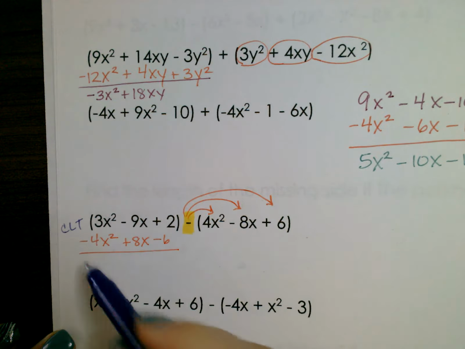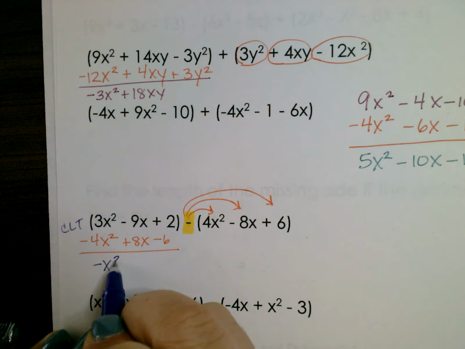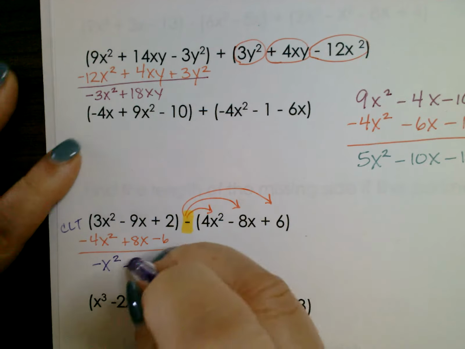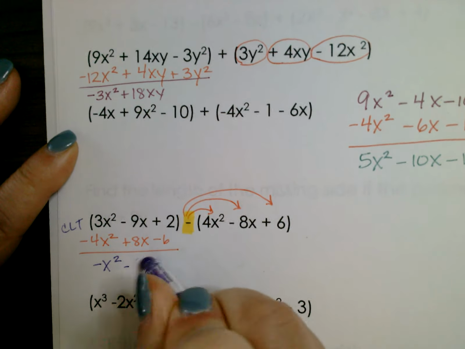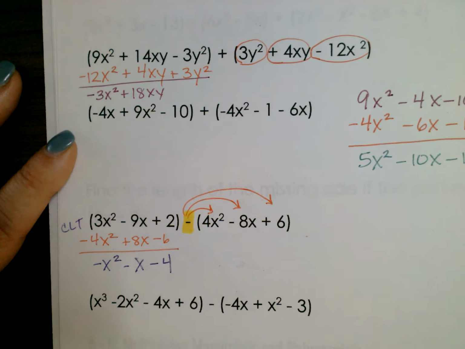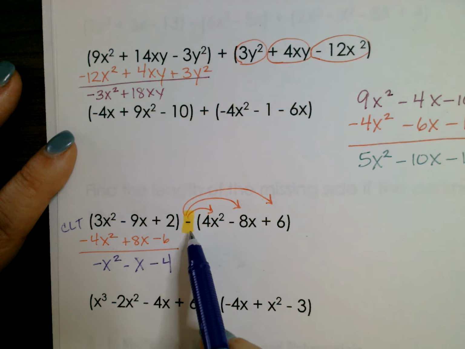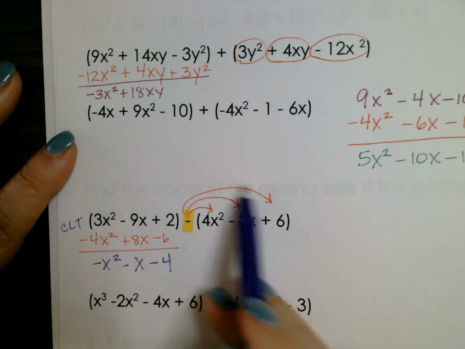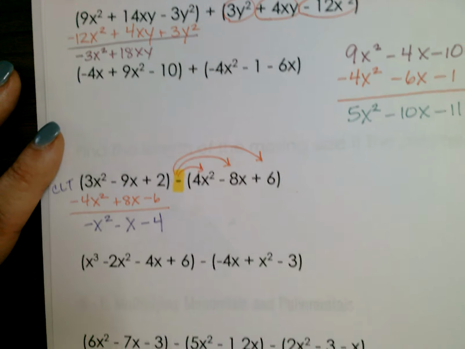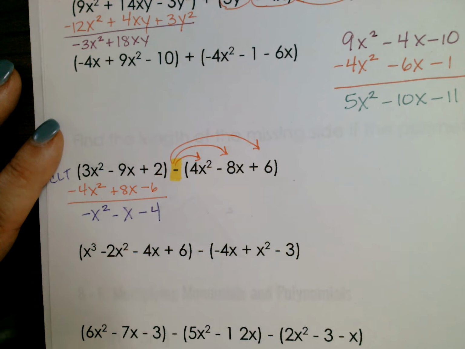Now we will return to just combine like terms. I would have negative x squared minus x. Whoops, I wrote 9, but I meant minus x minus 4. The additional step: distribute the negative, multiply by negative 1, and then combine like terms.